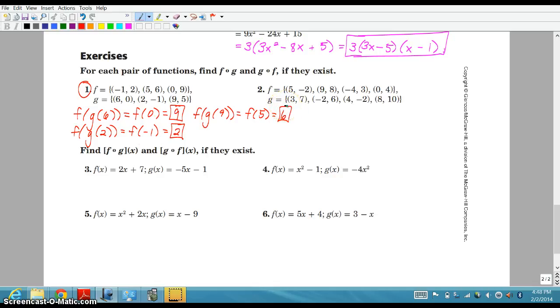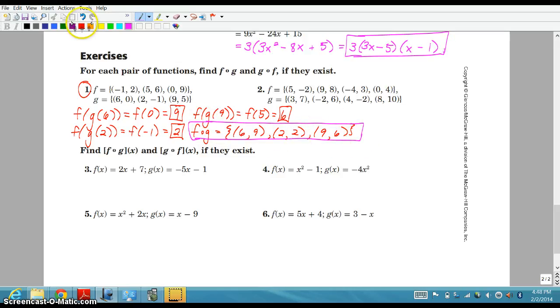So we have all three answers there, which we'll then go ahead and simplify or write as f of g to be equal to 6, 9, 2, 2, and then lastly 9, 6, in the set notation that I do want. As you can see, this speaks to all of the respective ordered pairs.